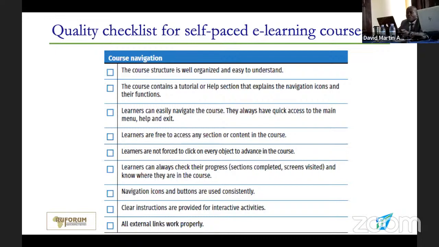For you to know that probably I'm on the right track to offer an effective online class. Is the course structure well organized? Does the course contain tutorials or a section that explains what to do here and there?